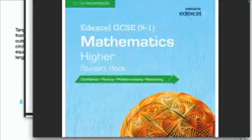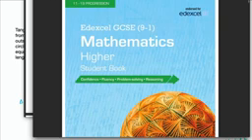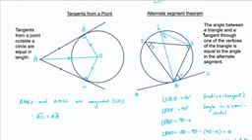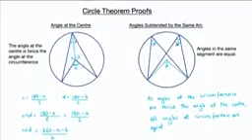Luckily there are other resources we can look at, such as textbooks. This is an official 9-to-1 textbook by Edexcel, and other things such as past papers and the experience of teachers tell us that these are the 8 theorems that will be covered in GCSEs.